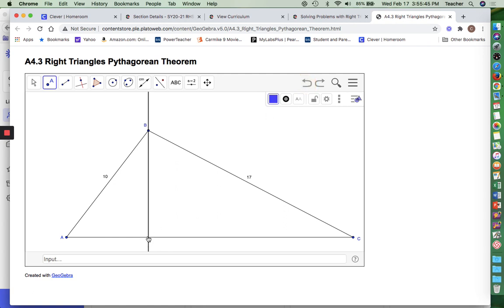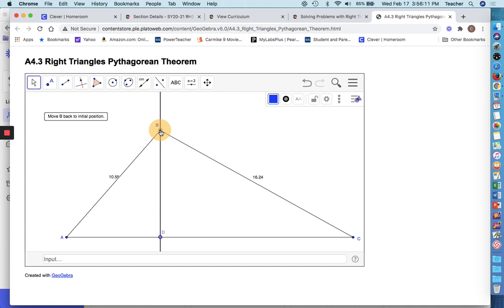It is not going to hold. I love technology. Technology is great until it doesn't work. Because no matter what I do, if I click and drag, that moves. I need it to stay 90.